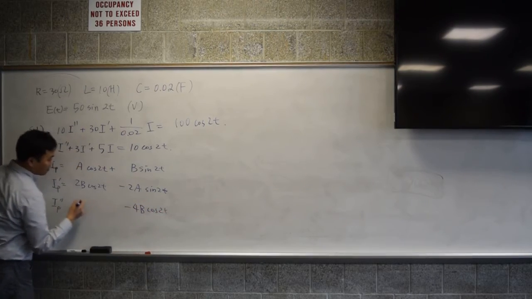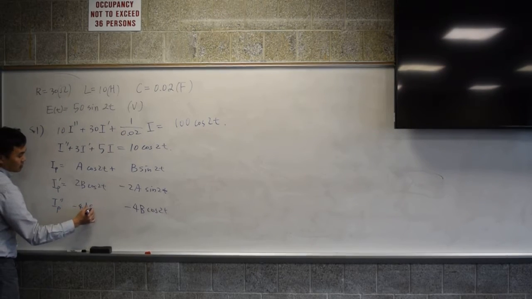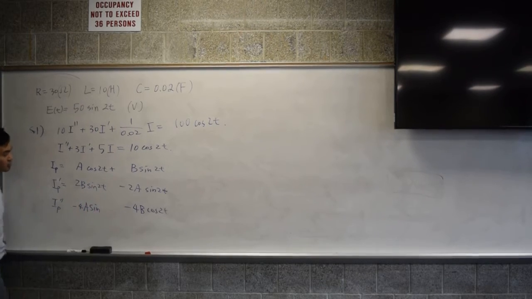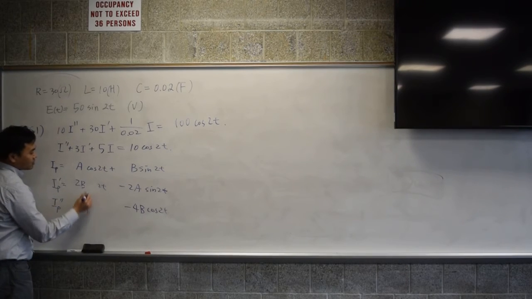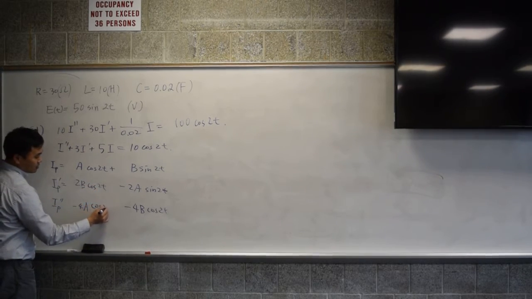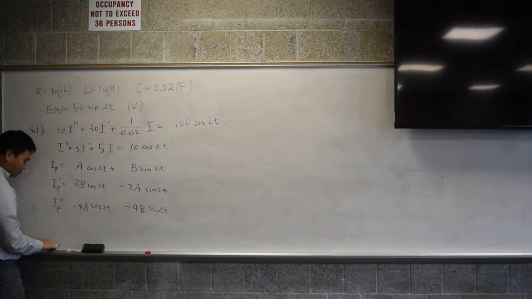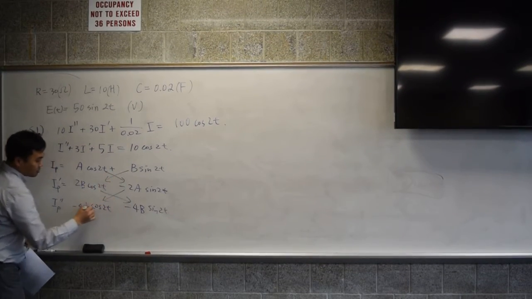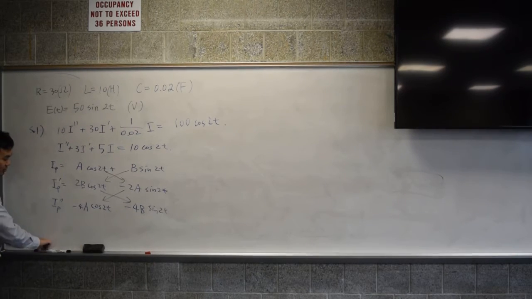Oh, sorry, I'm differentiating this way so that I have the cosine on one side and sine on one side. That way it's easier to keep track of things when you calculate.